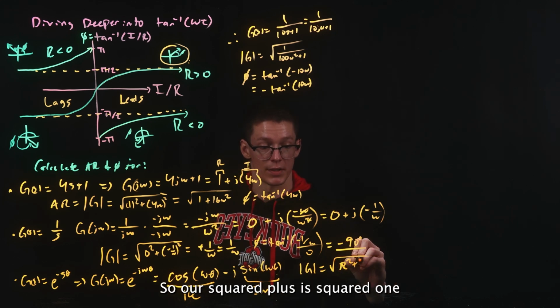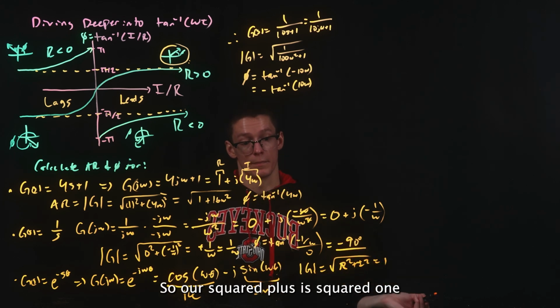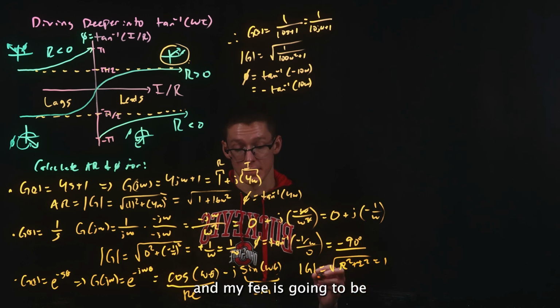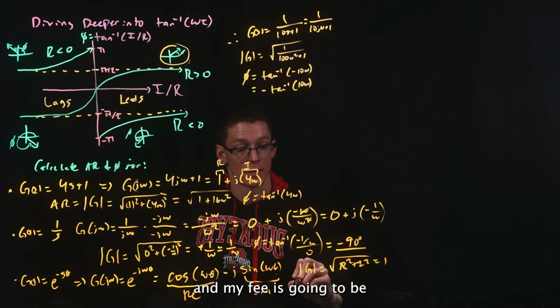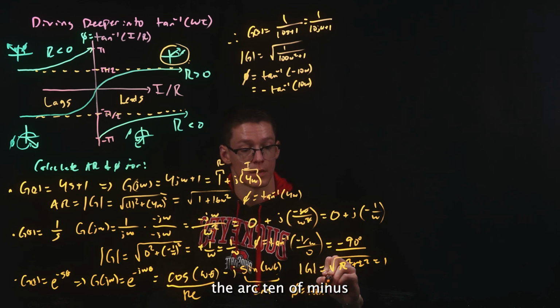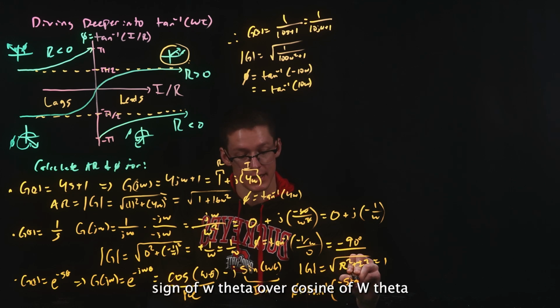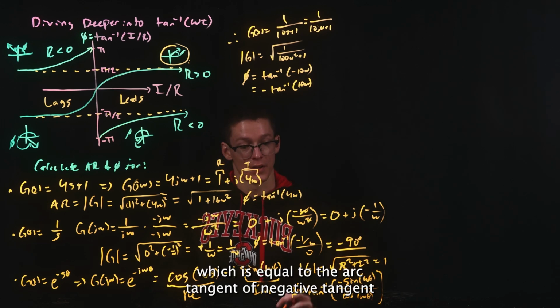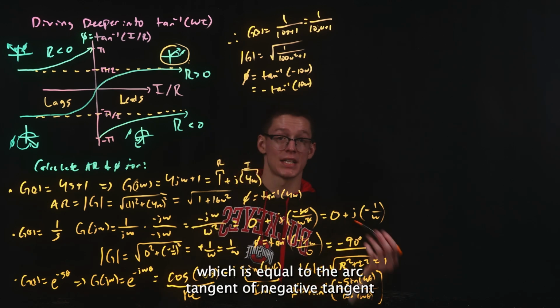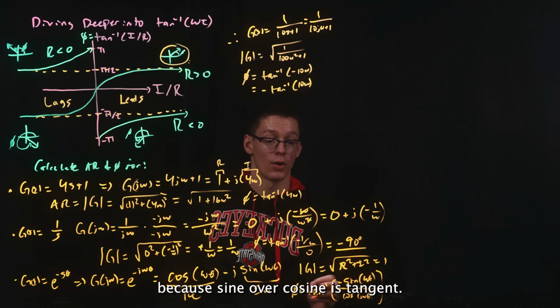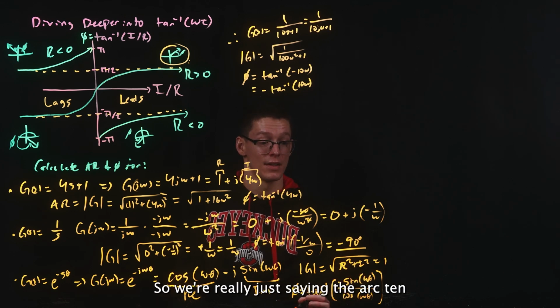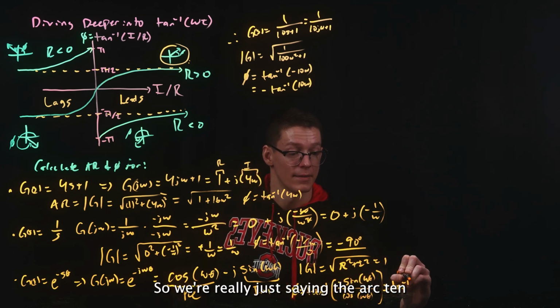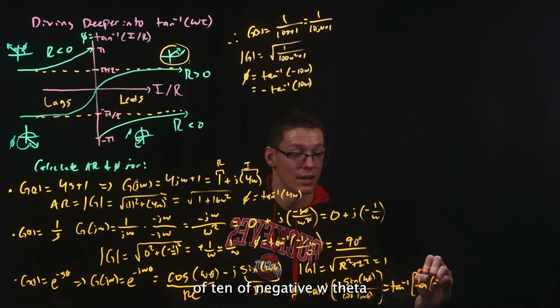So r squared plus I squared, 1. And my phi is going to be the arctan of minus sine of w theta over cosine of w theta, which is equal to the arctangent of negative tangent, because sine over cosine is tangent. So we're really just saying the arctan of tan of negative w theta.